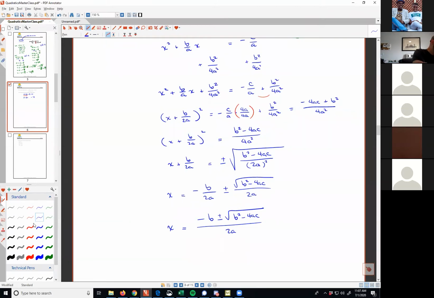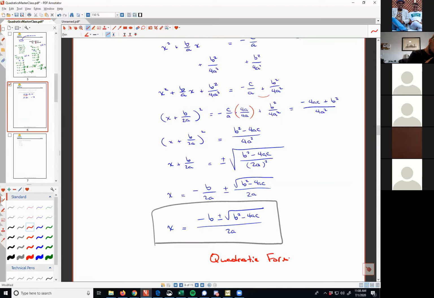And this is it. This is the quadratic formula, and it's very useful.